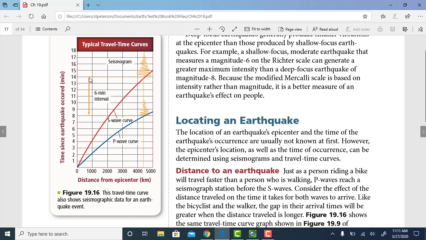If your interval is 6 minutes, it has to be the P wave arrived at 8 minutes and then the S wave arrived at 14 minutes, because this is the only spot where the time between those two lines is 6 minutes. So it's about matching up the lag time with the distance, which is right down here. So when the lag time is 6 minutes, the distance was about 4,500.